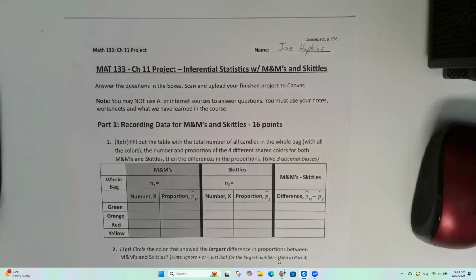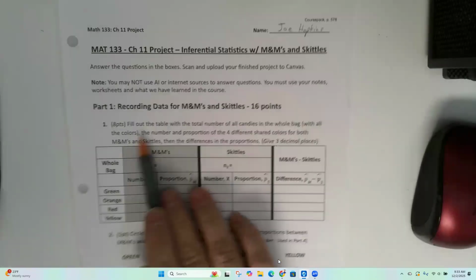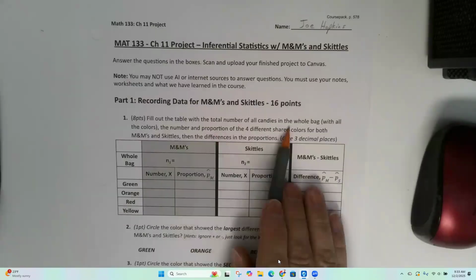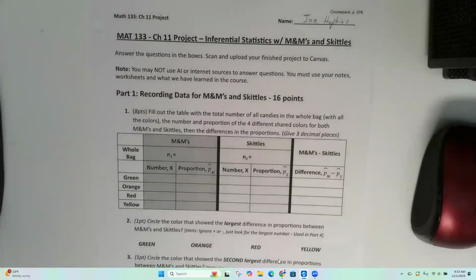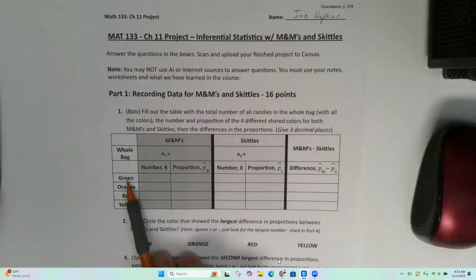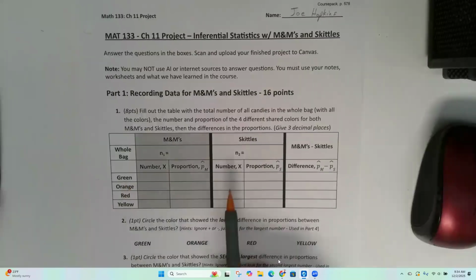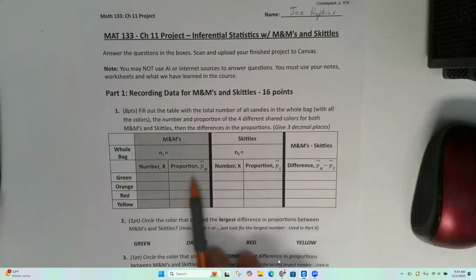Fill out the table with the total number of candies in the whole bag. So now we finally get to talk about why we needed you to make sure that you bought Skittles that matched the same colors as your M&Ms, because we are going to look at how many green M&Ms did you have? How many green Skittles did you have?